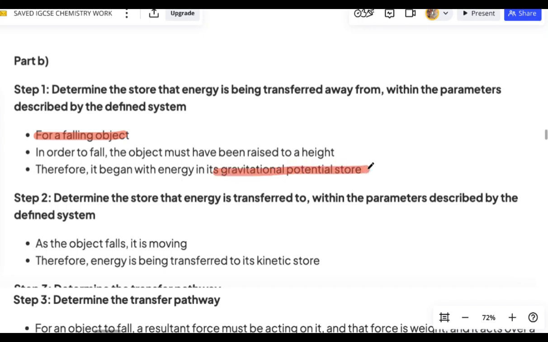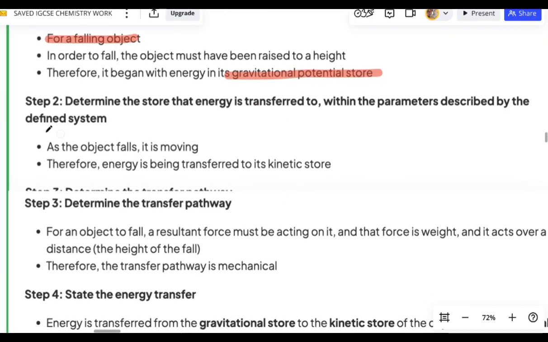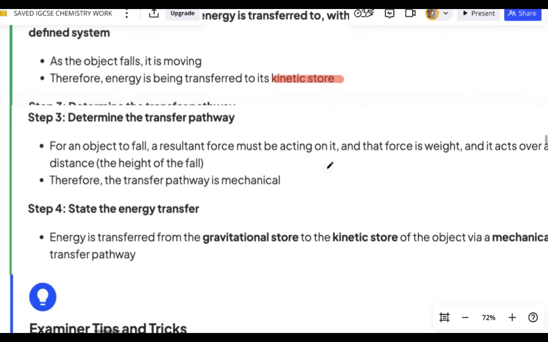So energy will be transferred from the gravitational potential store since it's falling from a height. Then, as the object falls, it's moving, so energy will be transferred to its kinetic store. Right?